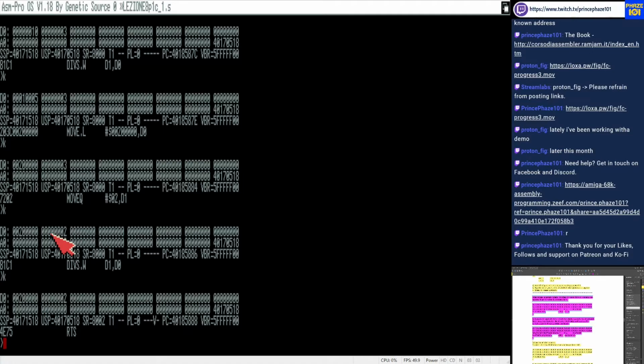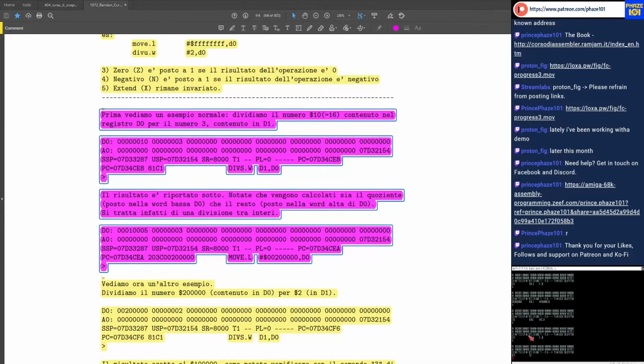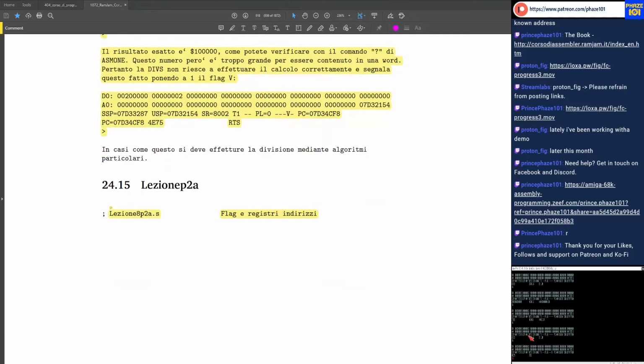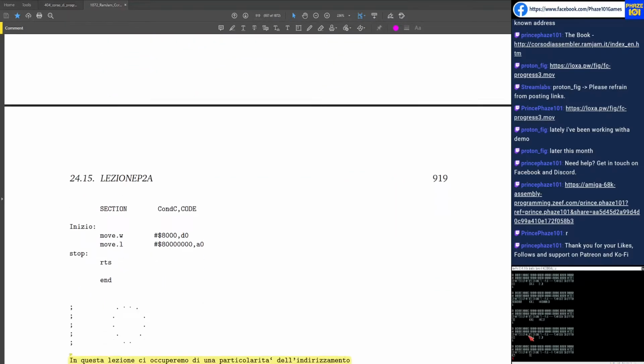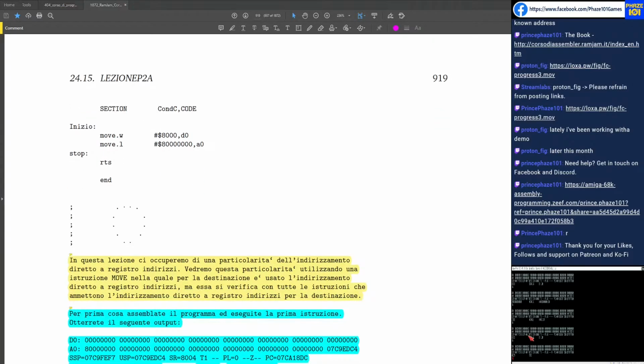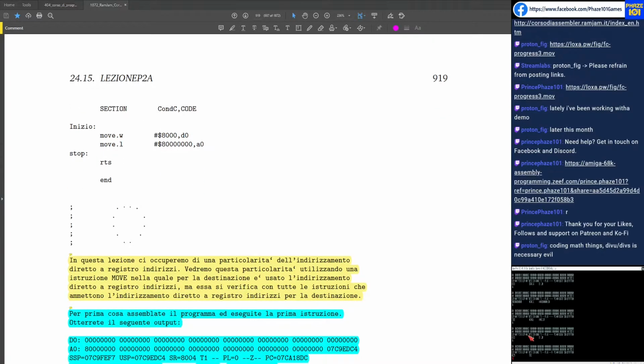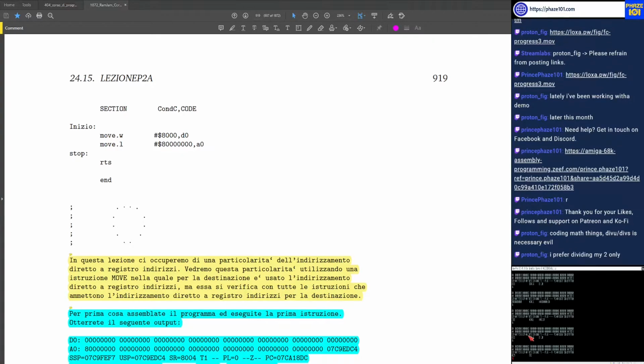So we're going to switch back to the book. And this one is something that many of us, I think, have made this mistake, including myself, many times. Especially when you run out of data registers and you use A registers.